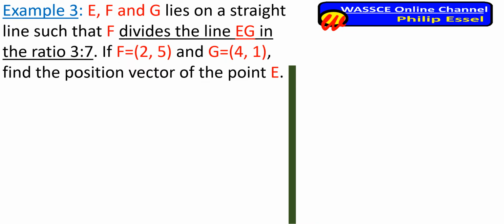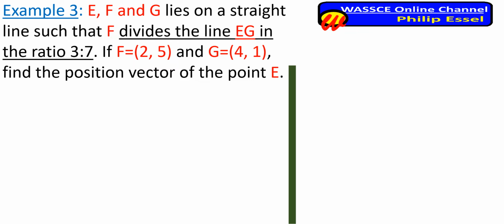If the point F is equal to (2, 5) and the point G is equal to (4, 1), find the position vector of the point E.